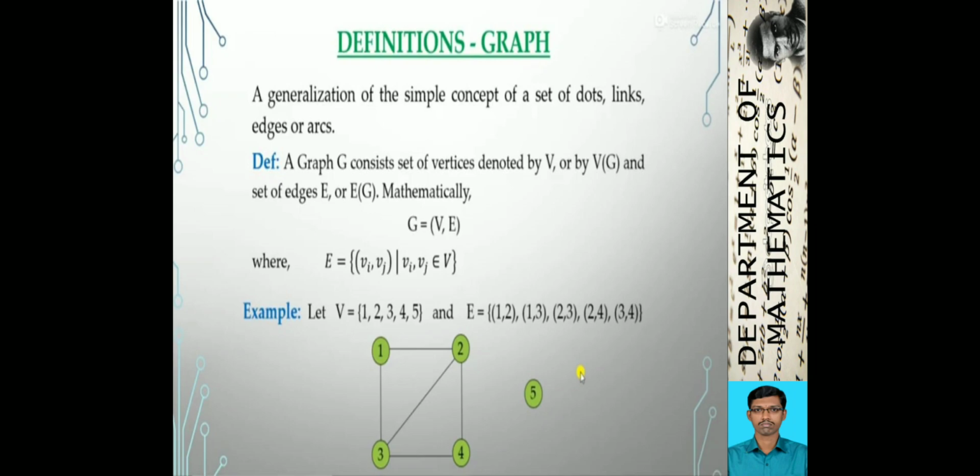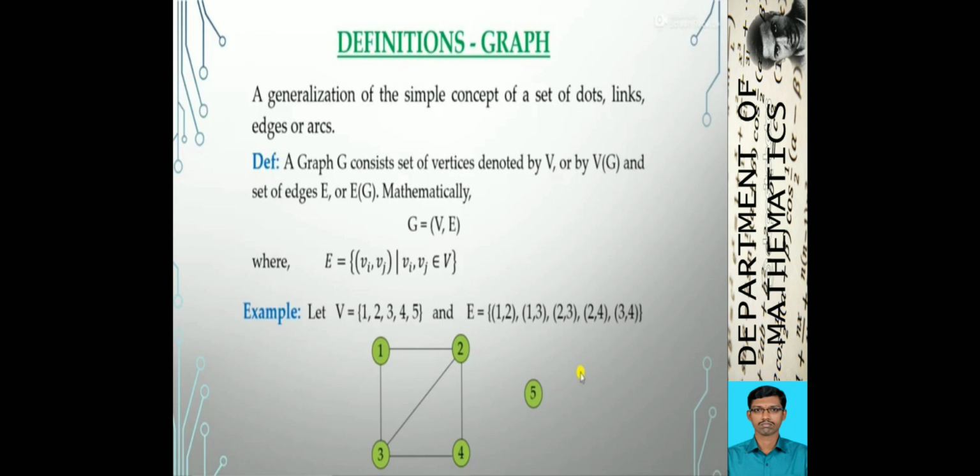A graph is the combination of the vertices and edges, where an edge is the line joining two vertices.